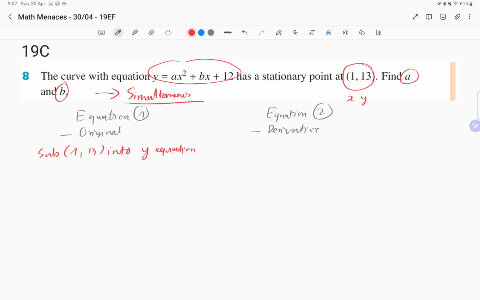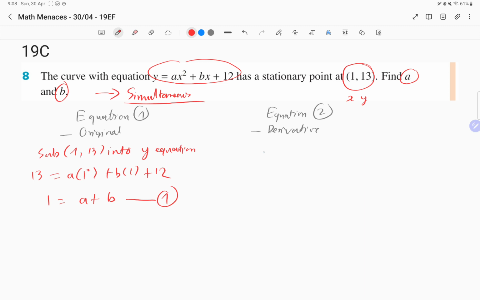In the exam it's very important because it's like a marker when you are checking your answer again. So you know, oh, that's what I was doing in that section. So sub 1, 13, you would get 13 equals a times 1 squared plus b times 1 plus 12. Continuing working on that, move the 12 over, 1 equals a plus b. So this would be your equation 1.